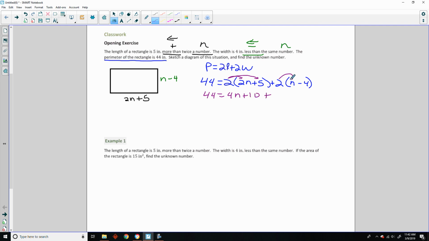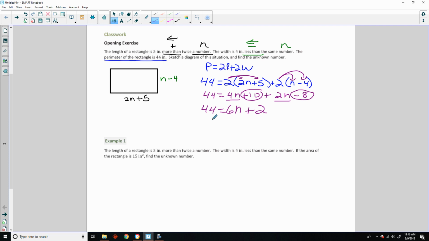Plus, distribute 2n minus 2 times 4, which is 8. Okay, combine like terms. 4n and 2n, and the 10 and the negative 8 are like terms. So 44 equals 4n plus 2n, 6n. Plus 10 minus 8 is 2.